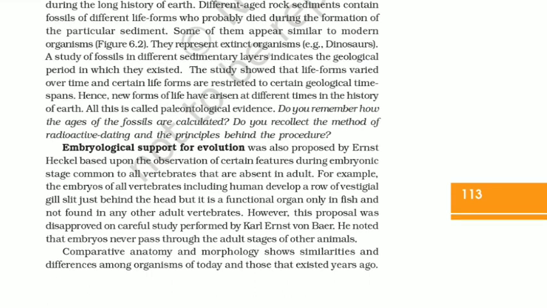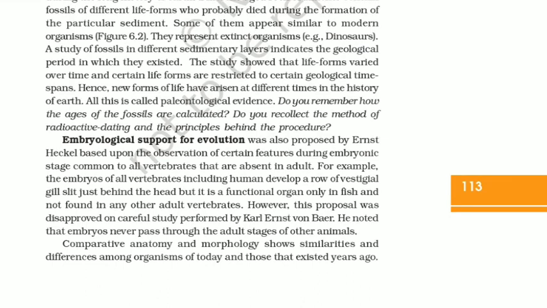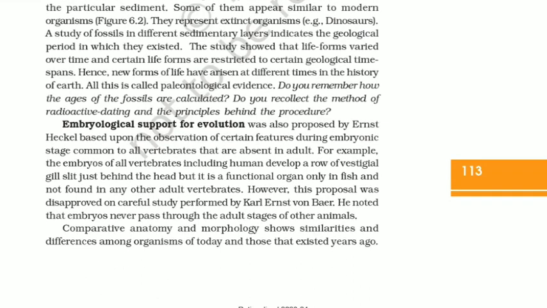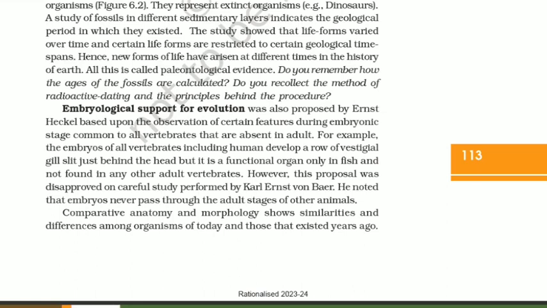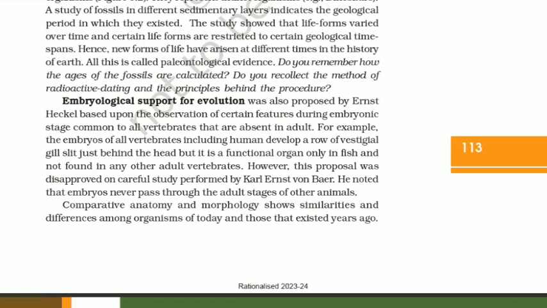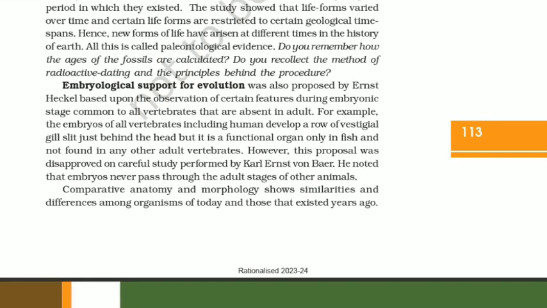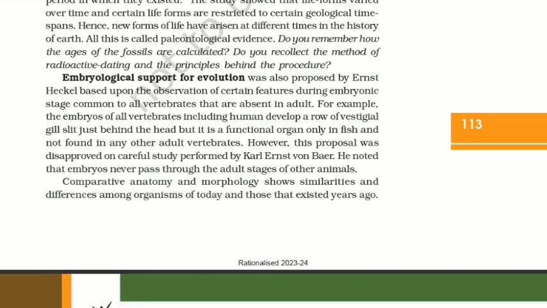Some of them appear similar to modern organisms. They represent extinct organisms, for example, dinosaurs. A study of fossils in different sedimentary layers indicates the geological period in which they existed. The study showed that life forms varied over time, and certain life forms are restricted to certain geological time spans. Hence, new forms of life have arisen at different times in the history of Earth. All this is called paleontological evidence.